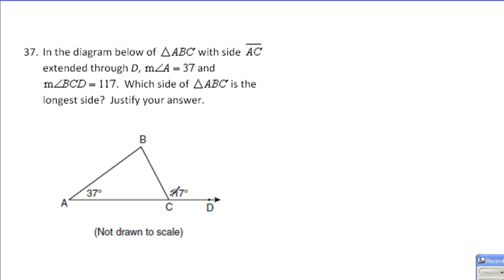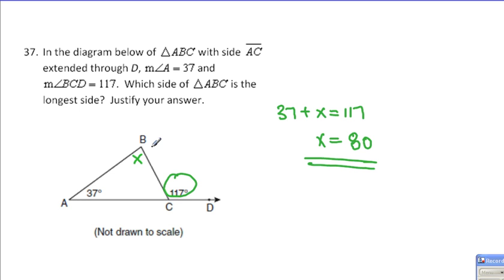All right, so now, as soon as we realize this is 117, then if we call this one x, we realize 37 plus x must be equal to 117. Then we can easily figure out that x must be equal to 80. This angle is 37.